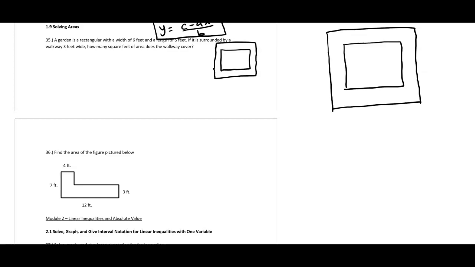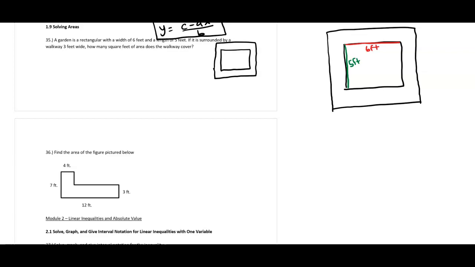The length of this side here is going to be 6 feet, and the length of my other side of the rectangle is going to be 5 feet. That means this one is also 6 feet, and this one is also 5 feet. But then it says it's surrounded by a walkway 3 feet wide. So remember, everywhere on here is 3 feet.